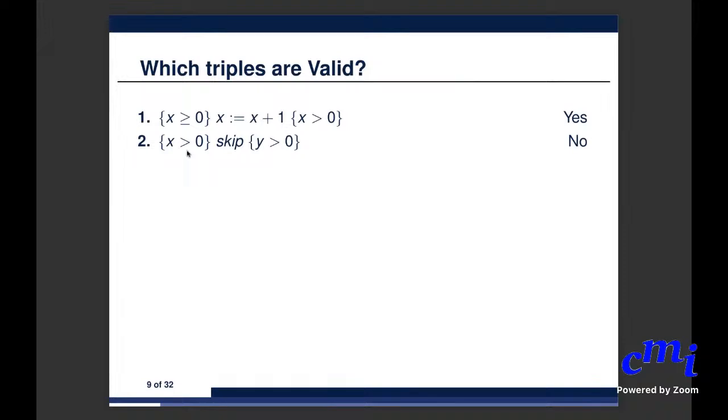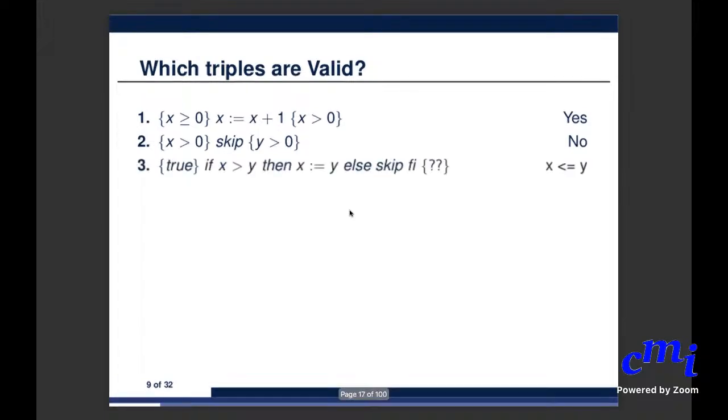Since skip does not change the value, if you start in a state in which y is negative, then y could not be greater than zero after you execute skip, because skip does not change anything. y will retain the same value as before, which could be negative, right? So therefore, this is not true, since skip itself does not change anything. I guess that is kind of what you implied. Is that clear? Yes. Okay.